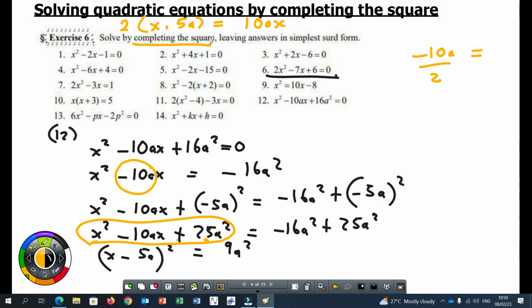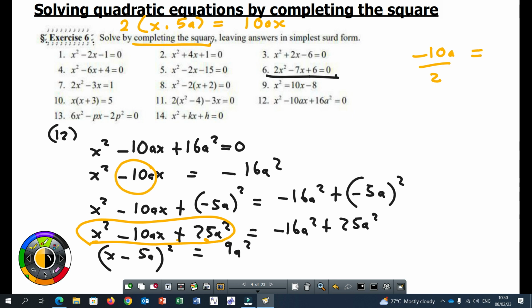But be aware that going forward, not all trinomials can be factorized. In this grade, if you still have the grade 9 and 10 mentality that every trinomial can be factorized, you are going to have problems. Okay, is that clear to everyone?